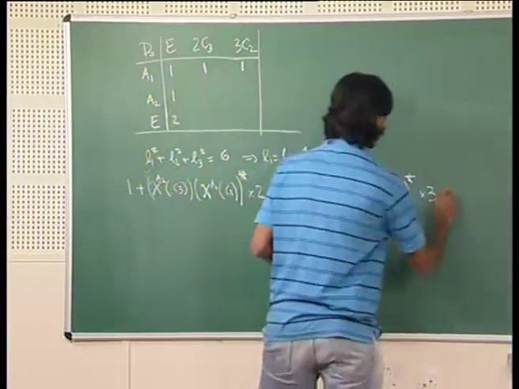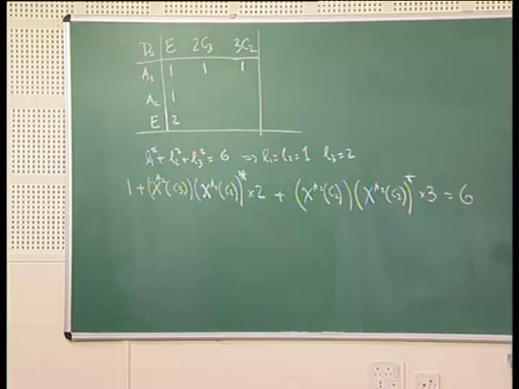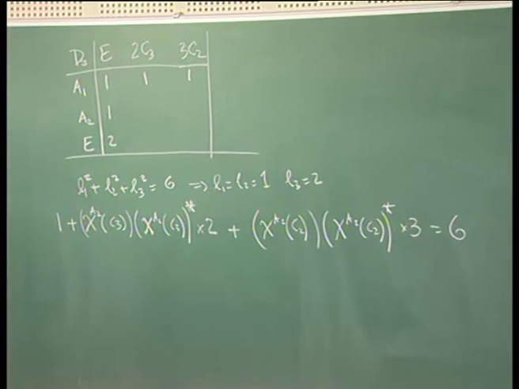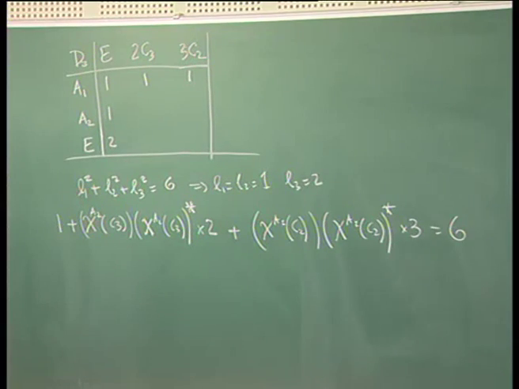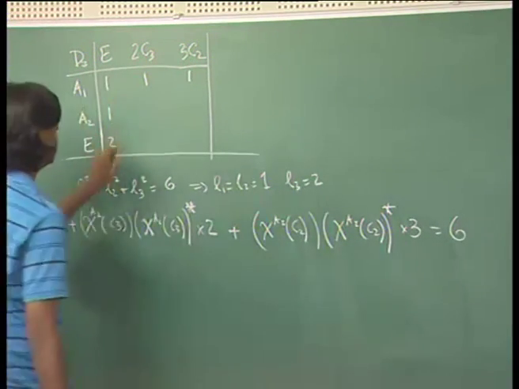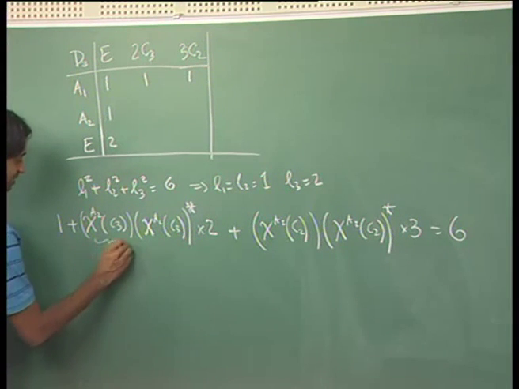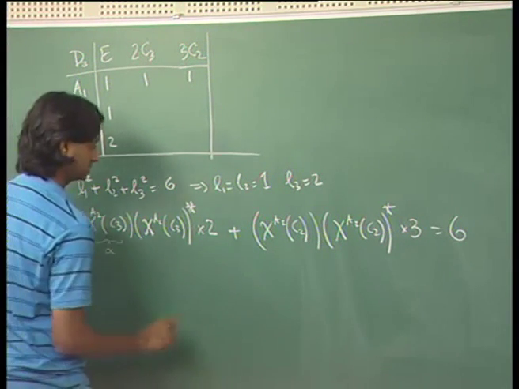So, this sum should add up to 6. Moreover, it should be orthogonal to this row. So, I will just denote this by alpha, and this by beta.